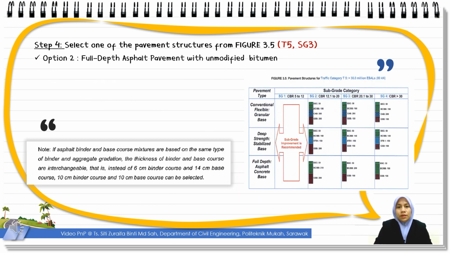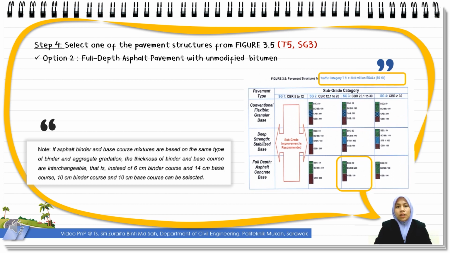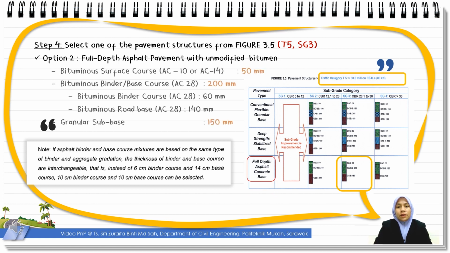For the next step, select one of the pavement structures from figure 3.5 based on T5 and SG3 that you got before. Choose option 2 for full depth asphalt pavement with unmodified bitumen, so the bituminous surface course AC10 or AC14 is 50 mm.